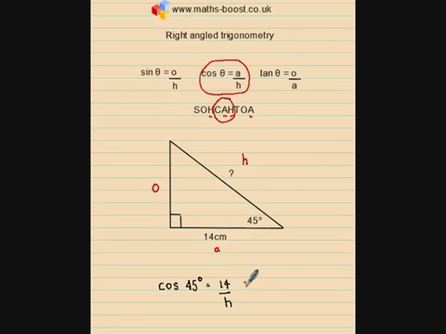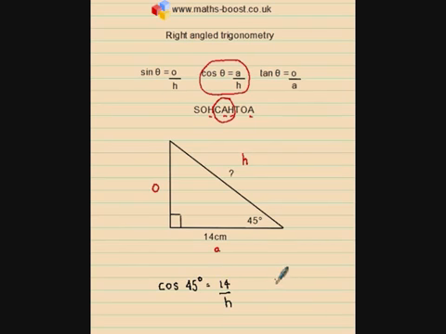So this is the penultimate step, the last step but one, and we need to solve this trigonometric equation. Now this is the one that people always find difficult because we've got an H, an unknown, on the bottom. Now in my other video I explain more carefully what we do, but basically we are going to take the reciprocal of the right hand side of the equation, in other words flip this, and because it's an equation we've got to do the same on the left, so we're going to flip the left as well.